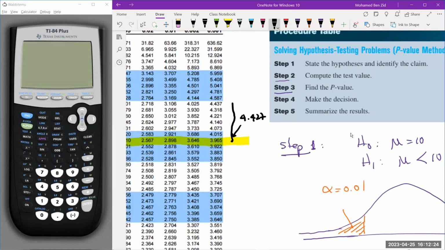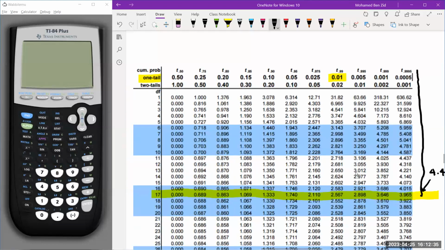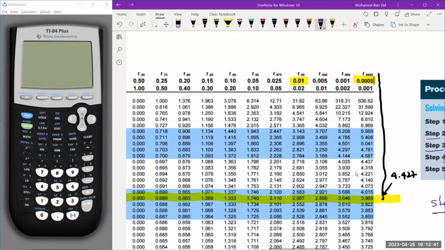So if you're going to read the p-value, you've got to go up. And whenever you go up here for one tail, right? You're going to be between this value and the next value over here, you can be 0, right? So 0.0000, right?